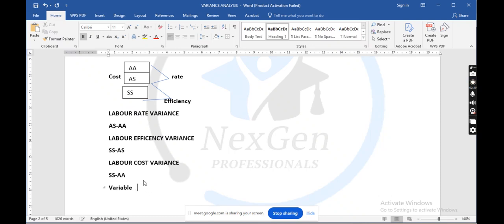Variable overhead variance. So we have a variable expenditure variance, and let me put it in capital letters.